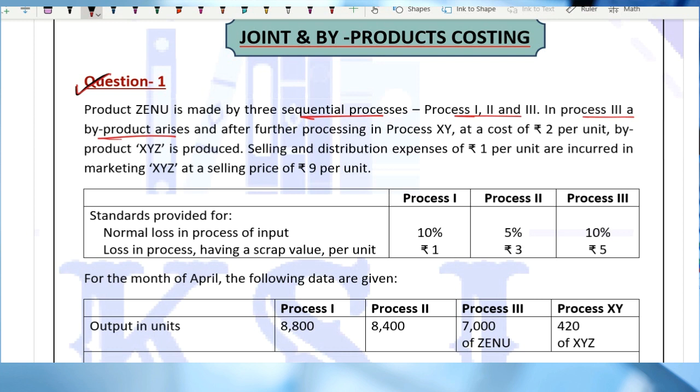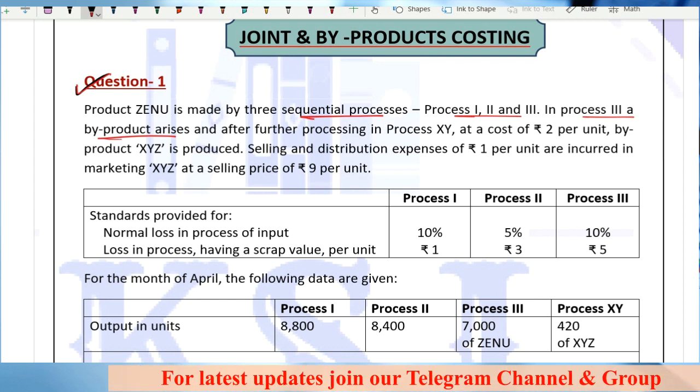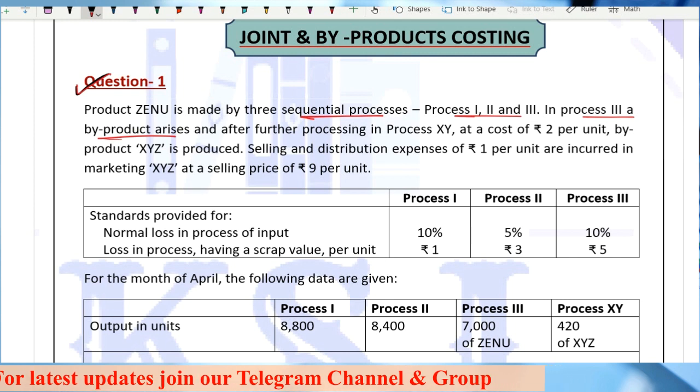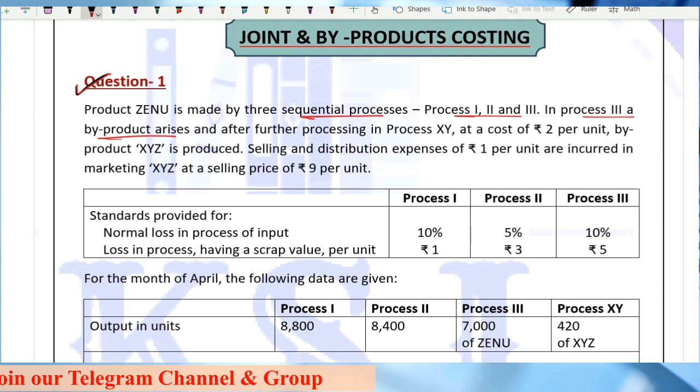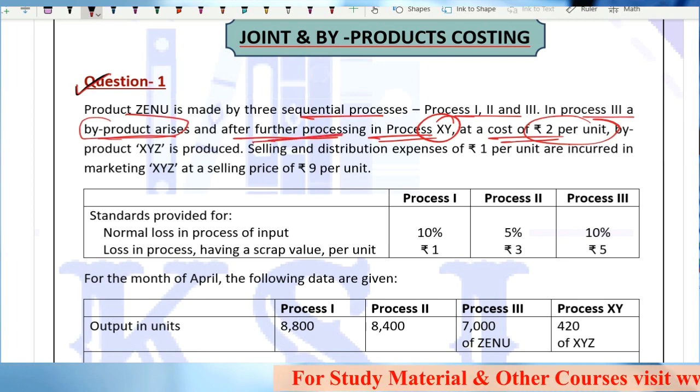So if you want to make a particular product, Zenu, it has to go through 3 processes, 1, 2 and 3. In process 3, there is a byproduct also, which is there along with the main product, that is Zenu. And after further processing in the process XY at a cost of rupees 2 per unit. Now they say whatever byproduct arises, we are further processing it in the next process.